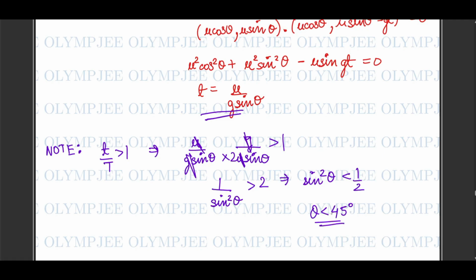So when theta is less than 45 degrees, the time to make the velocity perpendicular to the initial velocity is more than the time period of flight, so the velocity will never be perpendicular.